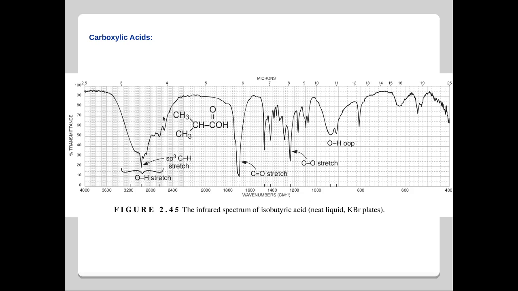Then the OH stretching vibration spans all the way from 2400 to 3500 centimeter inverse, and the sp3 CH band vibrations of the methyl groups are somewhere around here. Then the CO stretching vibration is at around 1200 to 1300 centimeter inverse. Then this band structure is due to the out of plane bending vibration of the OH functional group with respect to the plane of the rest of the molecule.